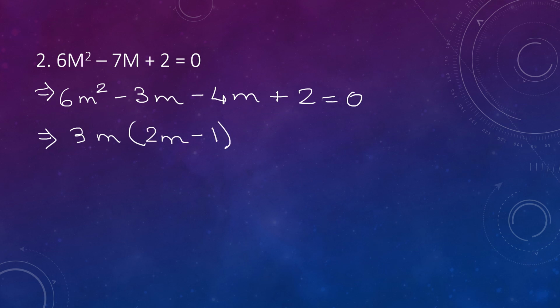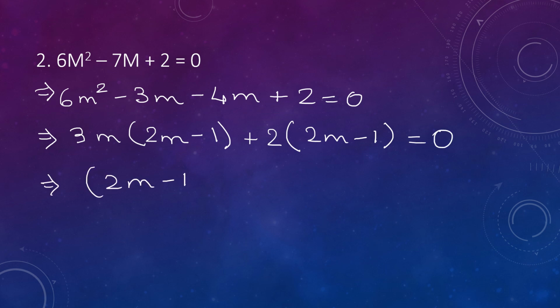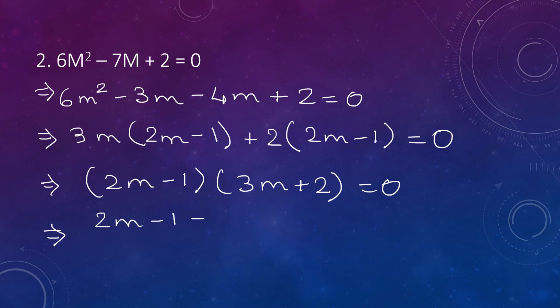After that, we have to make sure we get 2m minus 1 over here also. So we can only do it by doing this. So now 2m minus 1 is common. So we can take the remaining terms, which is 3m plus 2, and now we are going to get the two answers. So our first equation formed here is 2m minus 1 equals 0.